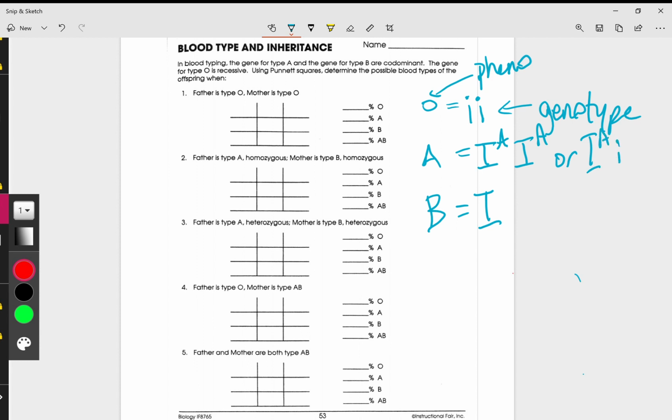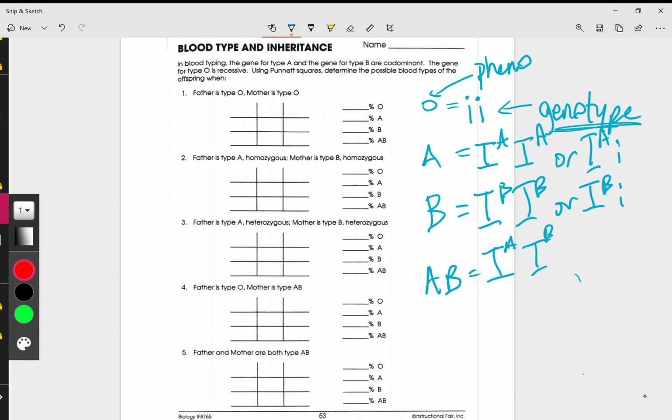For B blood type, it'd be IB IB, or IB and little i. Remember, these are the two dominant alleles and this is the recessive. And if you have AB blood, you'd have IA IB. So the ones on the right are the genotypes.